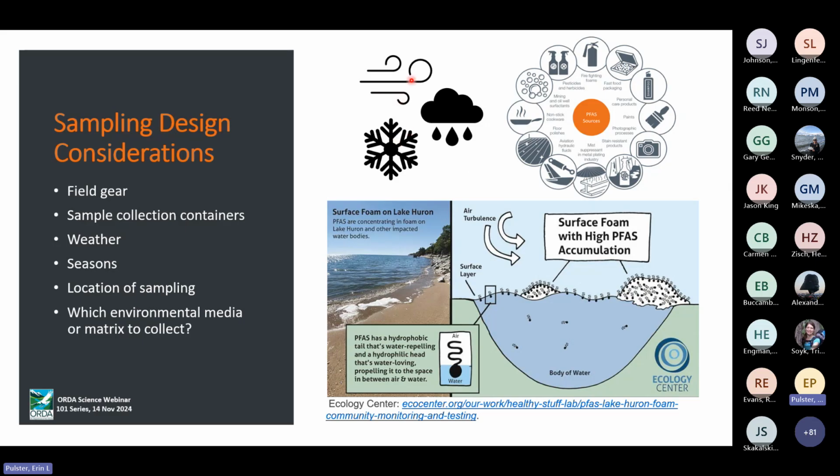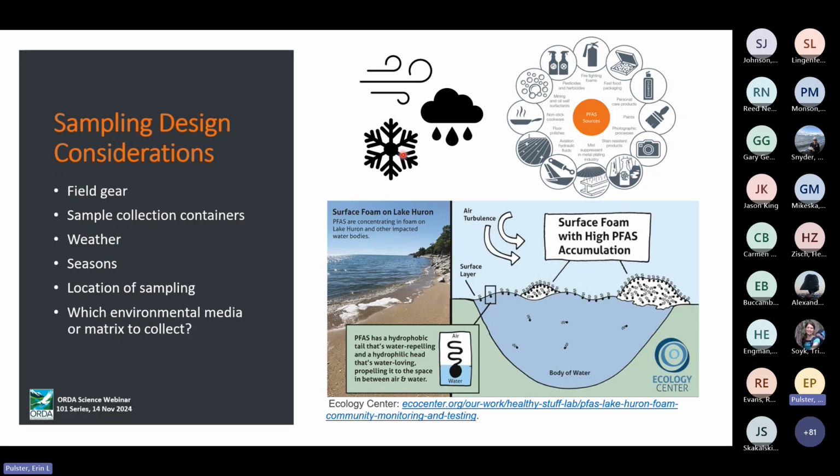Or wind: I bring up wind because if you're sampling in a lake, for instance, and the wind is blowing and you notice a pile of foam on one end, foam, because it's at the air-water surface, accumulates high levels of PFAS. So you may want to be sampling the foam as opposed to over here. You might get a low bias if you sample here. Those are some of the things to consider.